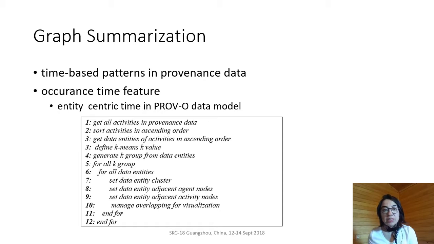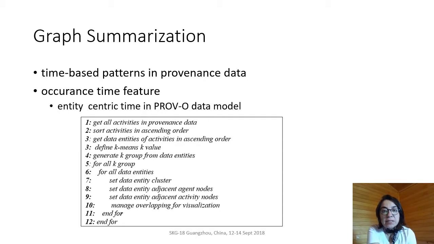In general, a provenance data activity item has an occurrence time. In this study, considering that the provenance data entity is the key interest of the user about the data history, we focus on data-centric occurrence time attributes of the activity item as defined by the Prov-O data model. As shown in the pseudocode here, we first get entities in sorted order from activity items in provenance data.